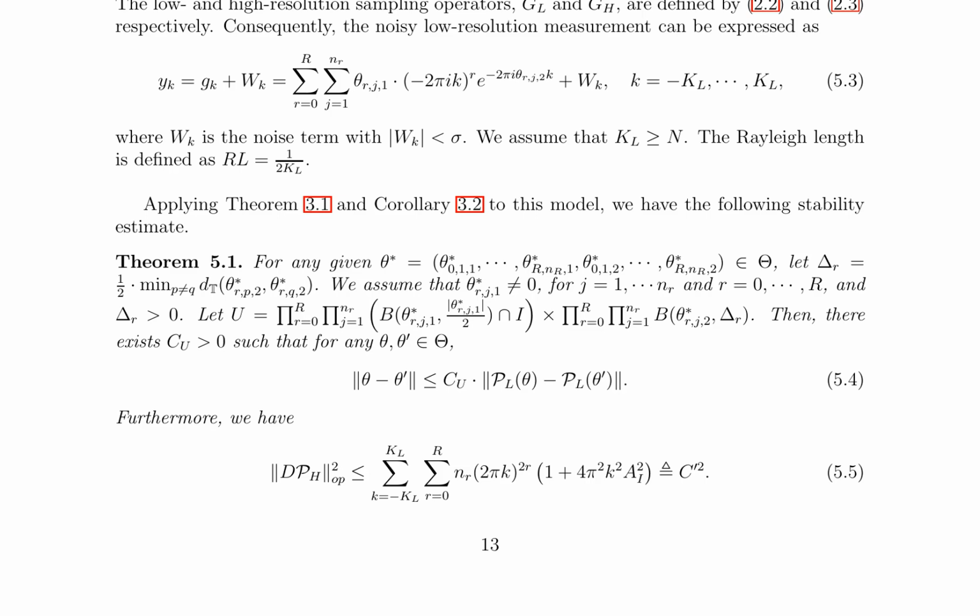We assume that θ*_{r,j,1} is not equal to 0, for j = 1, ..., n_r and r = 0, ..., R, and Δ_r greater than 0.